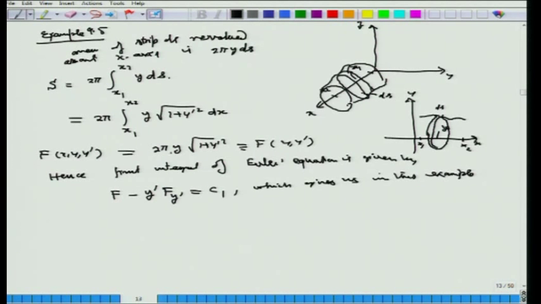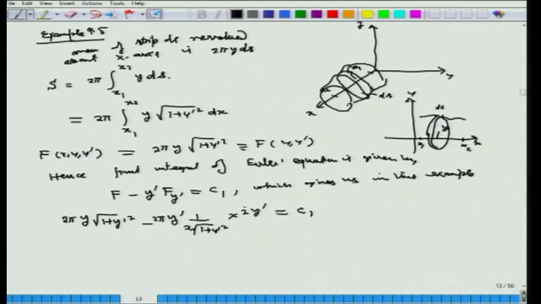So, 2 pi we will absorb in C1 itself, and we will have y square root 1 plus y prime square minus, let us write 2 pi also here, minus y prime and then this. f_y prime means 1 over 2 root 1 plus y prime square and then 2 y prime, equal to C1.